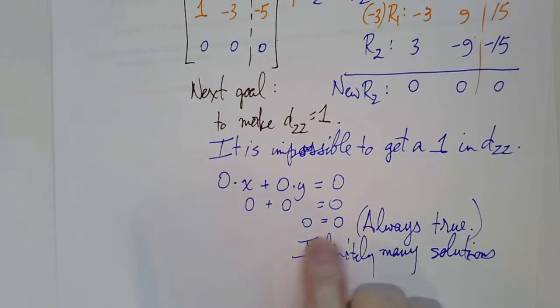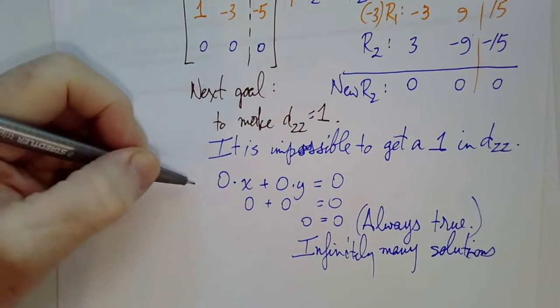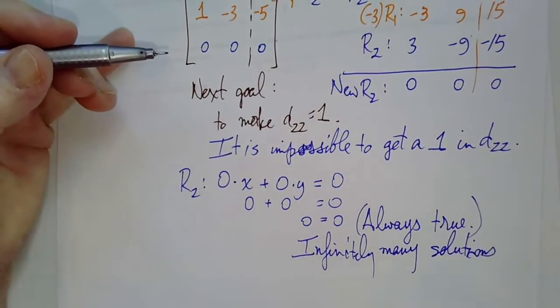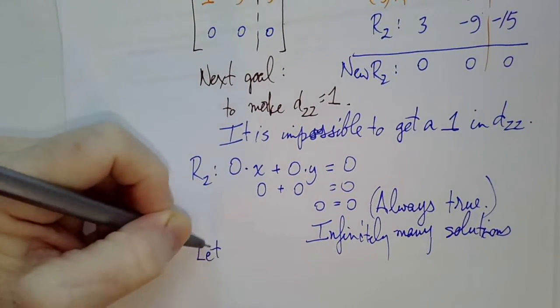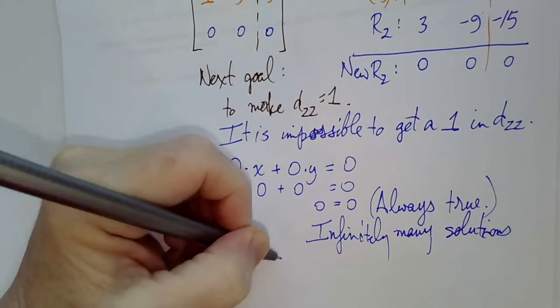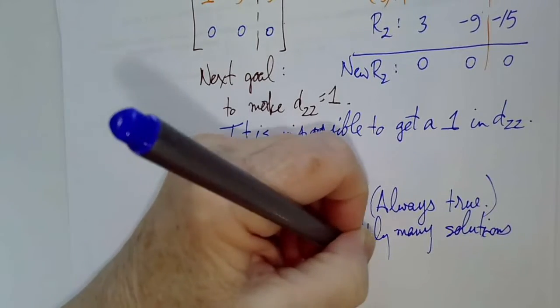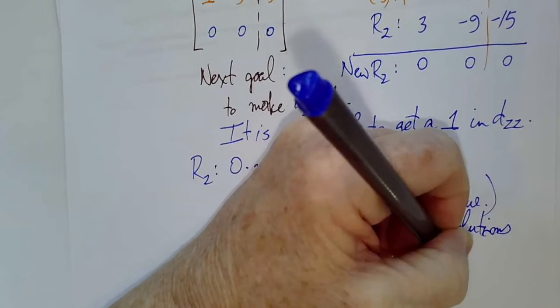Whenever you have a statement that is always true, that row, and it's in row 2 this time, that row is kind of flexible. So we are going to let y, the second variable, be just some t, where t can be any number.